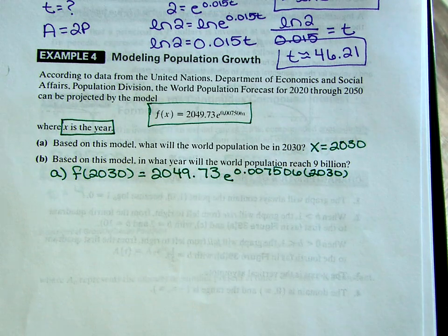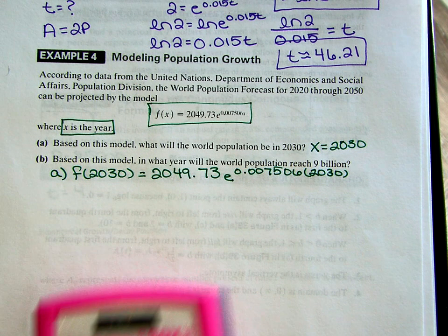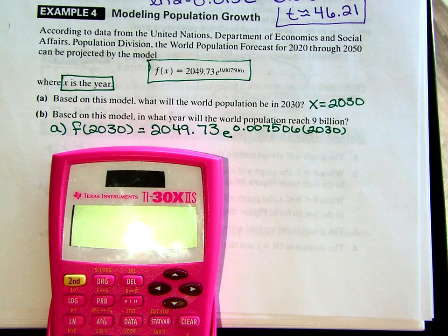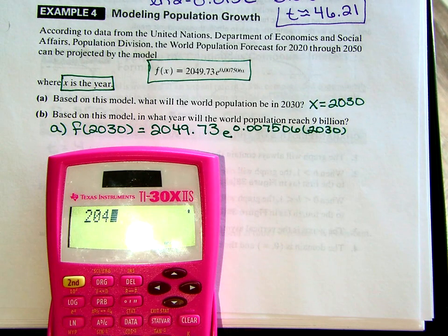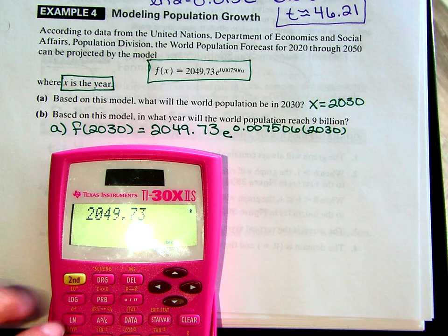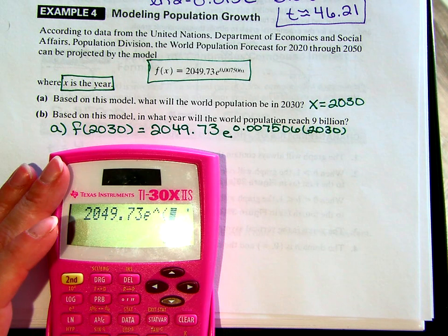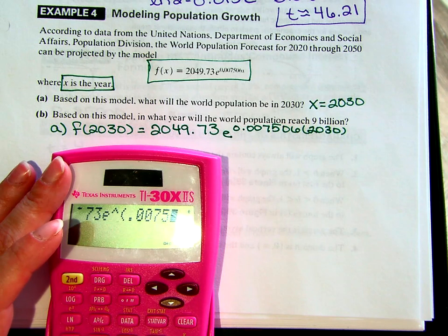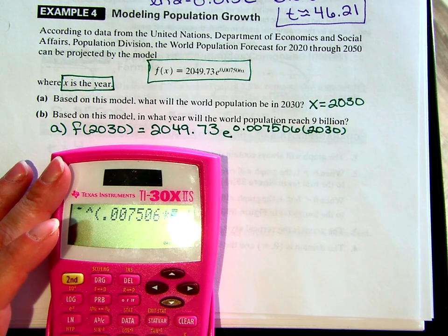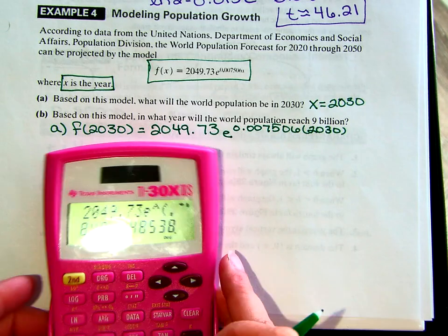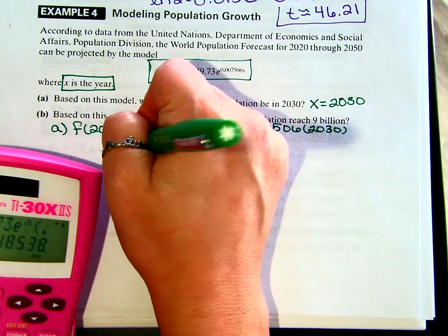All right, let's see what this looks like. 2049.73 e to the 0.007506 times 2030. Yep, big number. 8,494,148,538.